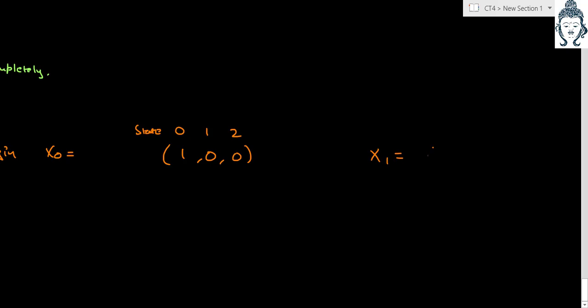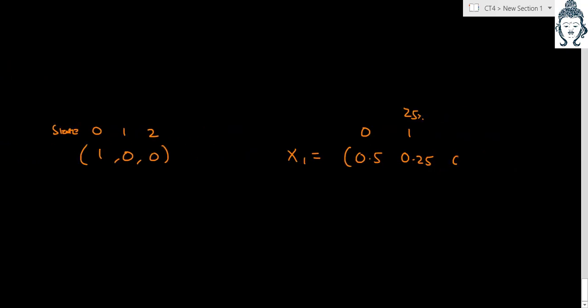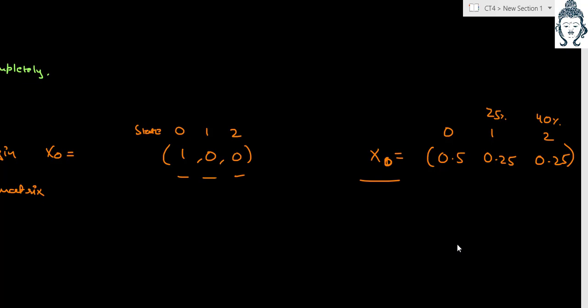So they could have told us that 50% of drivers begin in the 0% discount state, 25% of drivers begin in the 25% discount state, that is state 1, and 25% of people begin at the 40% discount state. This is one example. So this would have been my initial distribution, that is X0.